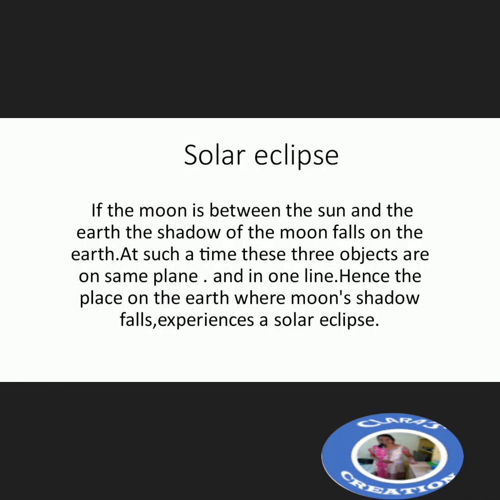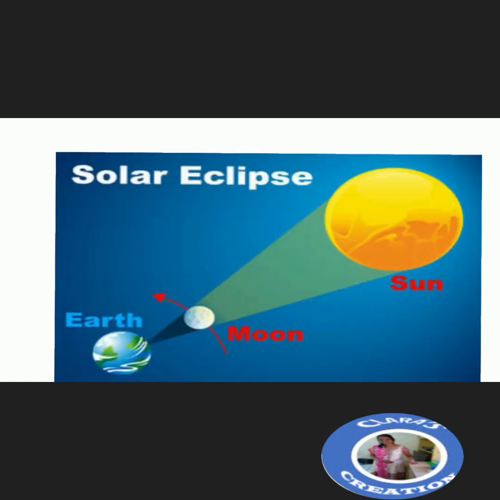Now let's study the definition. If the moon is in between the sun and the earth, the shadow of the moon falls on the earth. At such time, the three objects are on same plane and in one line. Hence, the place of the earth where moon's shadow falls experiences solar eclipse. We again come back to the image after having understood the definition.